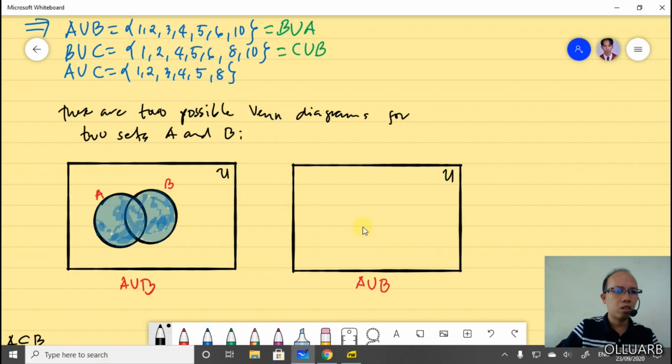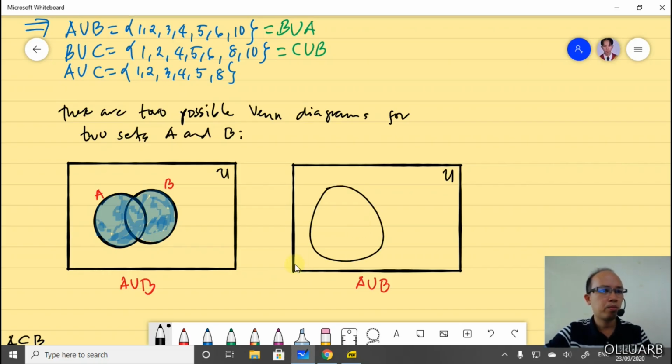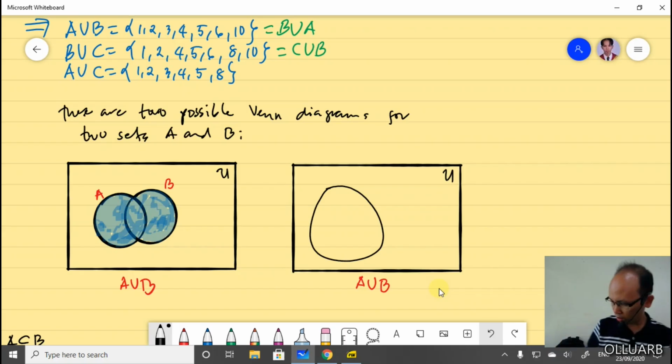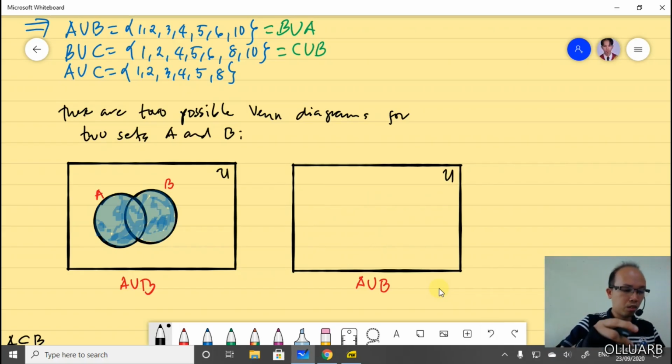Let's try another circle. Sorry, I cannot make a perfect circle.